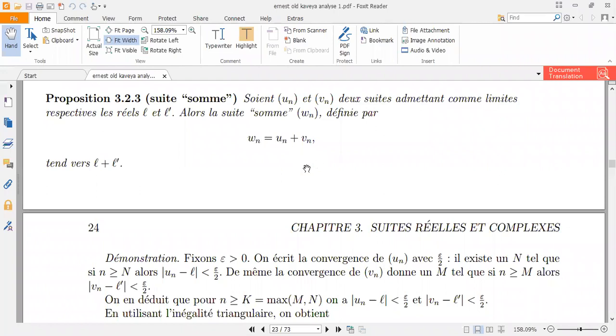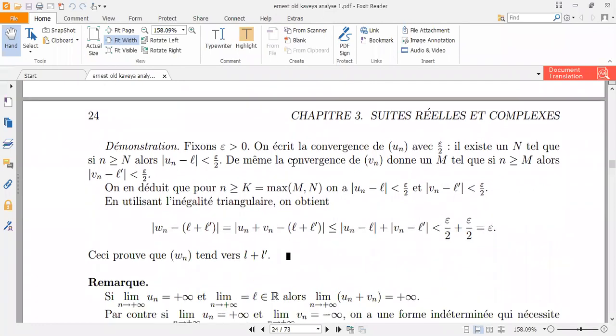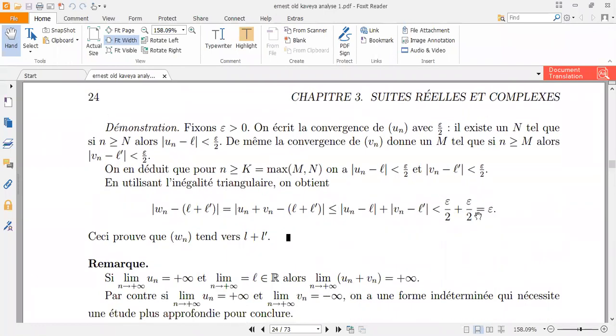Each and every single thing here has to be defined. This is why when you go down, we now have this whole paragraph, which redefines the equation where Wn is equal to Un plus Vn.